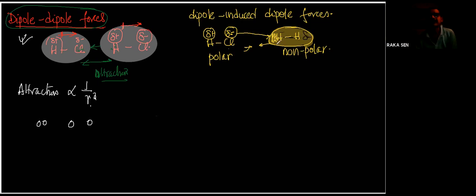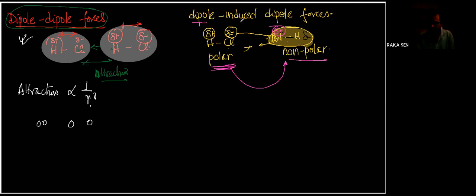So if this becomes delta minus, then automatically this will become delta plus. That means the polar molecule induces a dipole in this non-polar molecule.